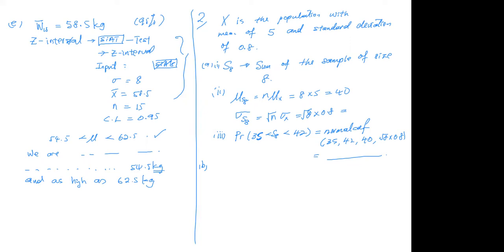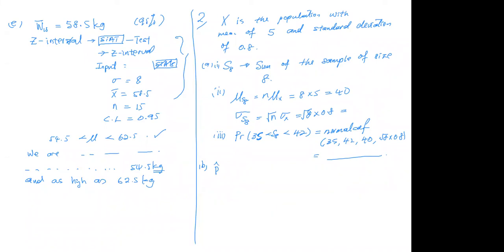What is the criterion for the sample proportion to be normally distributed? The sample proportion distribution will be normally distributed if n is greater than 30 or np, okay.